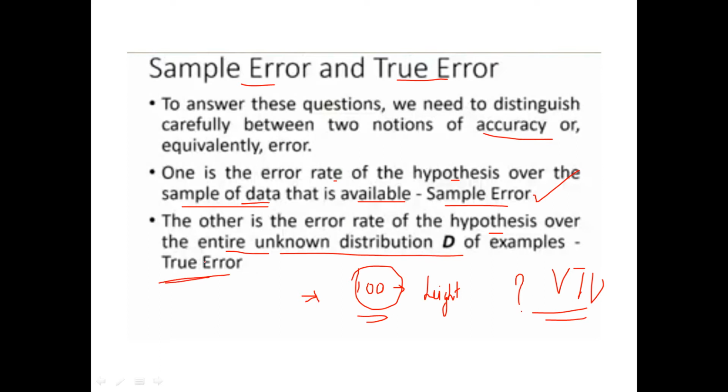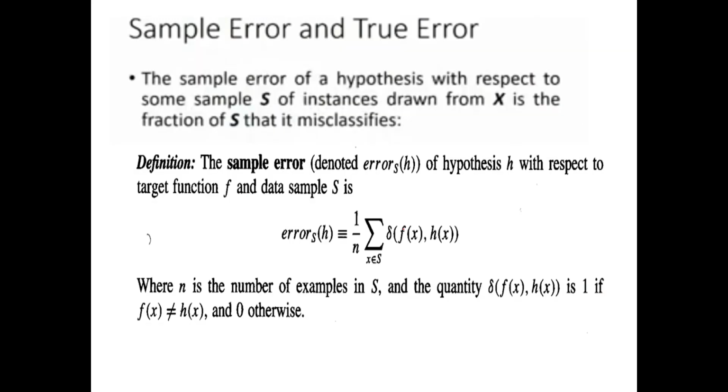This is the actual error. Whatever error we are getting right now is with respect to the sample you are having, so we call it a sample error. But the error associated with your entire population, we call it a true error. Clear? This is how we define a sample error and a true error theoretically.